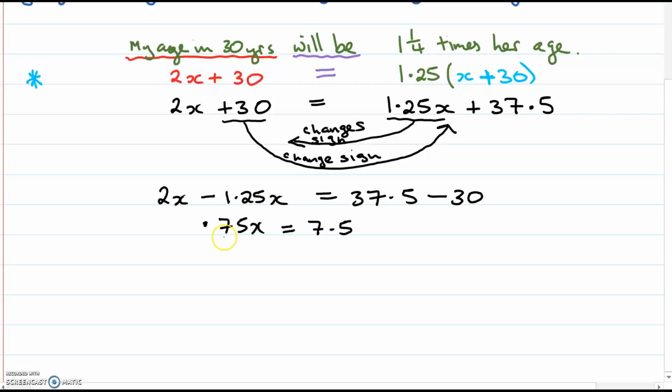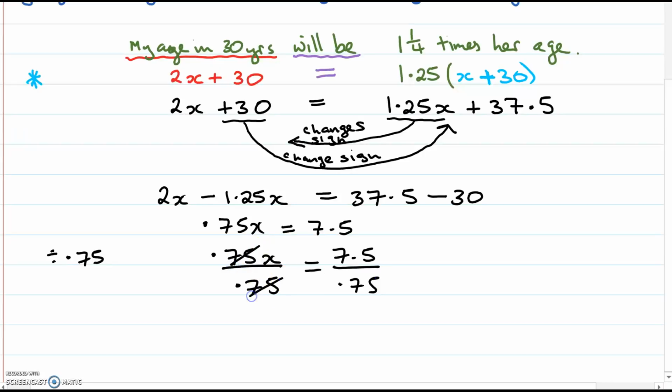Okay, now 0.75x equals 7.5, so let's divide both sides by 0.75. The last thing you do when solving these equations is to divide by the number in front of x. By 0.75, 7.5 divided by 0.75.